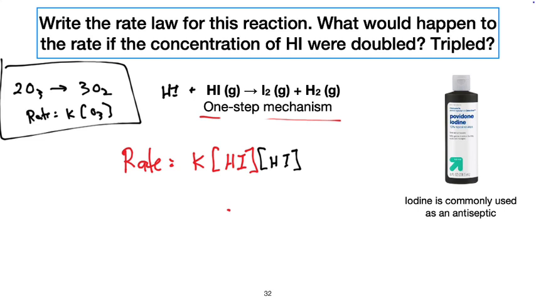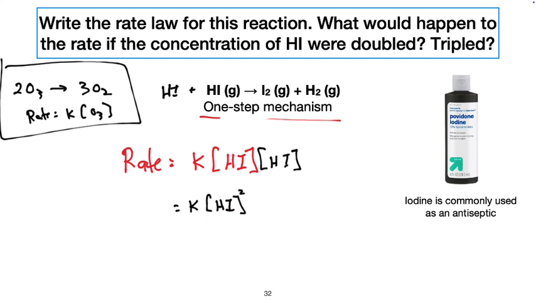It must show up twice, which then means to the second power. You have to have that extra piece of information. That extra piece of information is being specified and saying that it's a one-step mechanism. You aren't doing a bunch of other steps. You have to take these pieces together and slam them to make this work. Okay? Is that obvious? I would argue, hell no. Okay? But you have to look for those subtle clues to help tip you off.